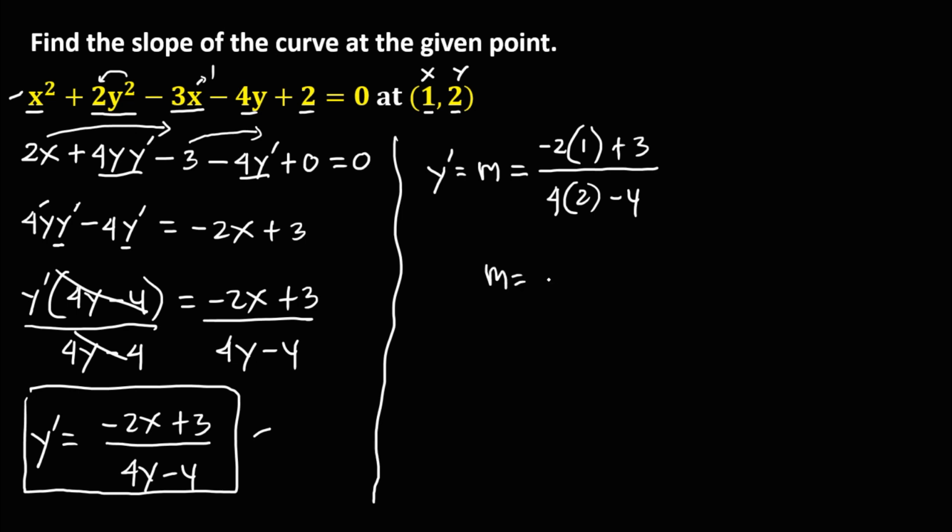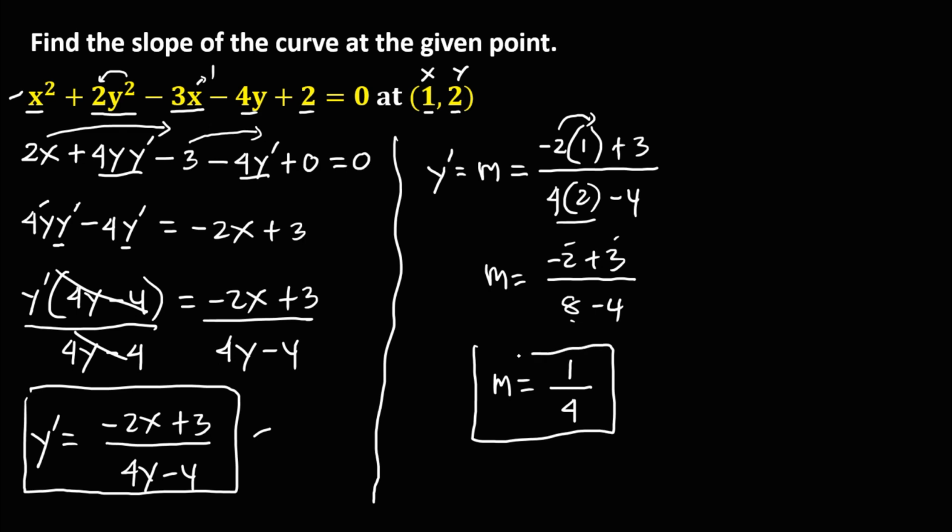To simplify, negative 2 times 1 is negative 2, plus 3. 4 times 2 is 8, then minus 4. Then simplify, so we have m equals negative 2 plus 3 is 1, over 8 minus 4, that's 4. So therefore, this slope is positive 1 over 4.